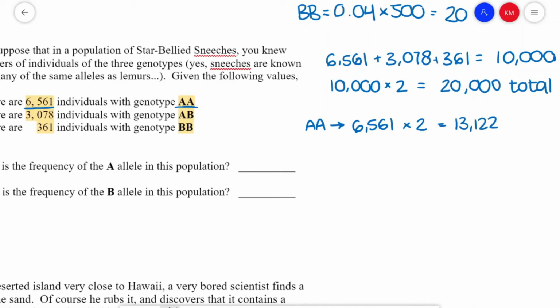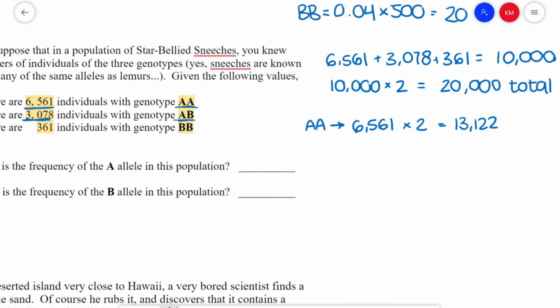But we're not done yet. We still have to figure out how many A's are in the AB genotype, because they have A's as well. The AB heterozygous genotype is easier. We don't have to multiply it by anything, because each AB individual has 1 A. They also have 1 B. So we're just going to add this number onto what we just calculated.